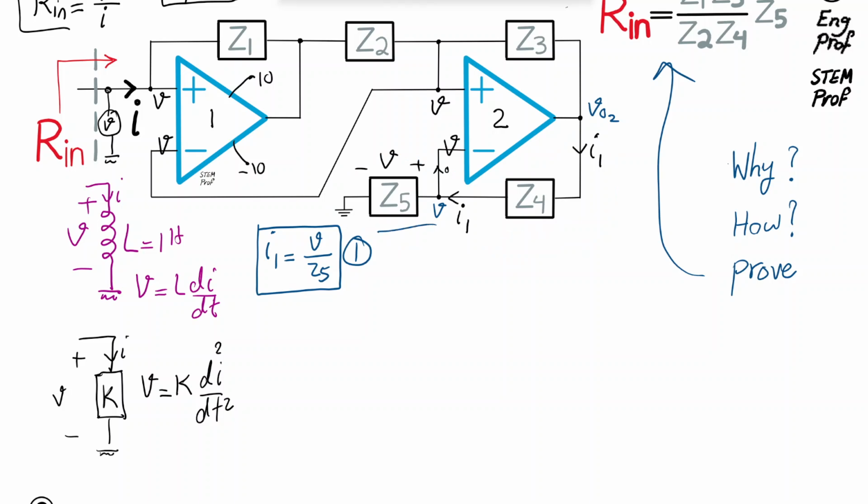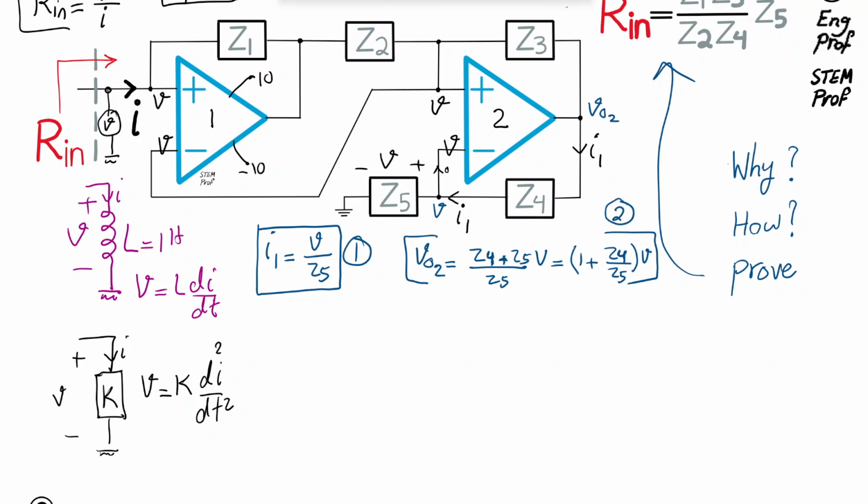So what I can say, therefore, is Vout2 is equal to Z4 plus Z5 divided by Z5 times V, which is the voltage in the middle node, which as we expected is 1 plus Z4 over Z5 times V. Okay, so that is Vout2. Let's refer to this as equation 2.